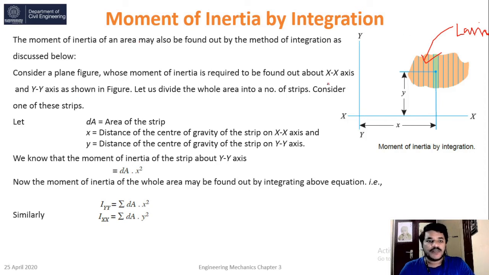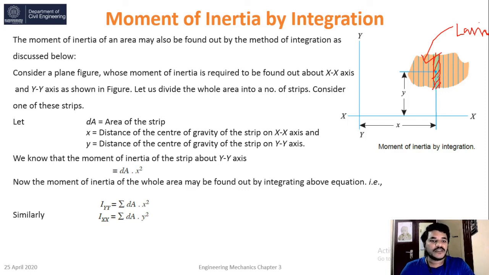So consider a plane figure whose moment of inertia is required to be found. This is the X axis XX and this is the YY axis. This plane lamina is located at some coordinates from the XX and YY axis. From the YY axis, the horizontal distance is called X. It is an irregular lamina, so you can take a small strip. For that, first you need to calculate the moment of inertia for this small strip.